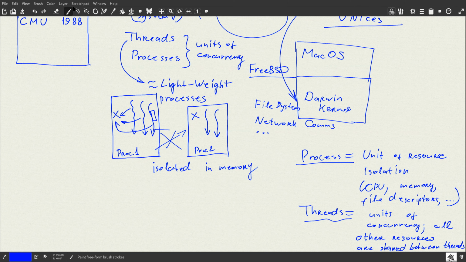So as I said, processes have been with Unix type operating systems since the very inception. But they appear to be relatively heavyweight and difficult to use units of concurrency.